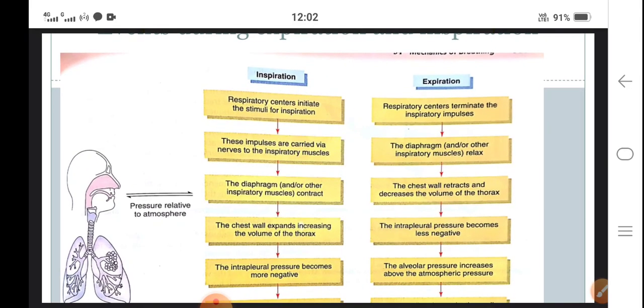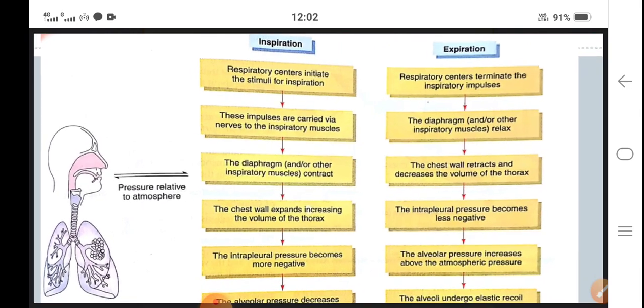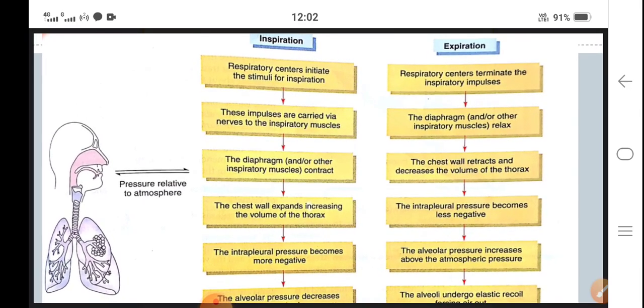First, we go through inspiration, because inspiration is important and it is an active process. The respiratory center initiates the stimuli for inspiration. These impulses are carried by nerves to the inspiratory muscles. The diaphragm and the other inspiratory muscles contract. The chest wall expands, increasing the volume of the thorax.